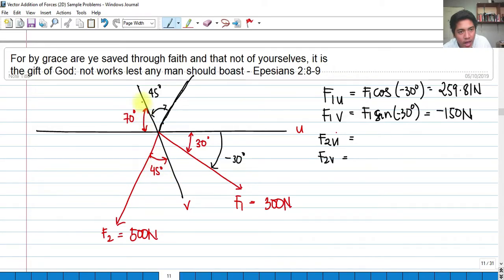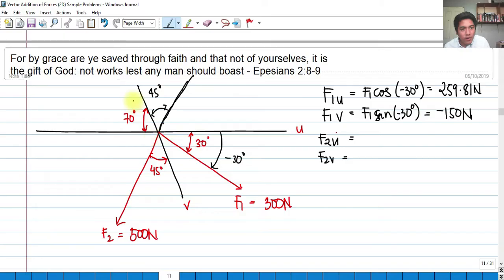So if I'm going to add this 70 plus 45, that should be 115. And I know that the angle of this, since this is the axis, is 180.